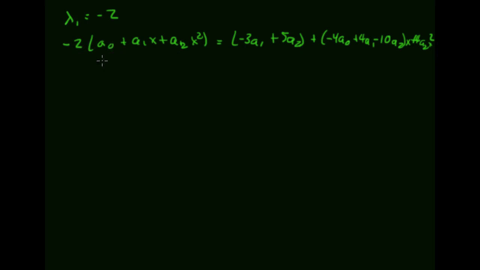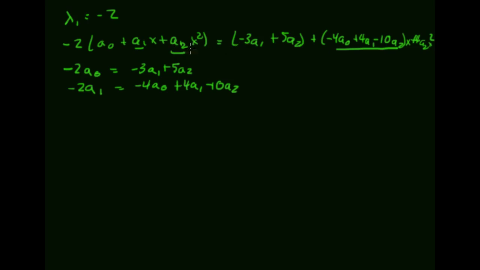We get the constant term: negative 2a0 should equal negative 3a1 plus 5a2. The coefficients for the x term should line up. So negative 2a1 should equal negative 4a0 plus 4a1 minus 10a2. And then negative 2a2 should line up with 4a2.